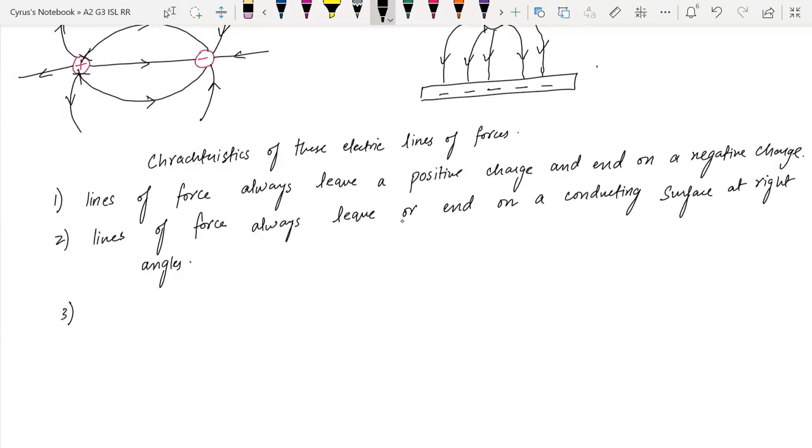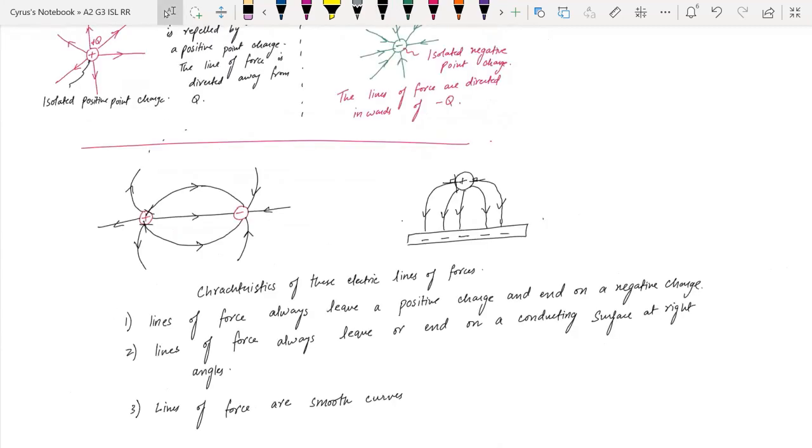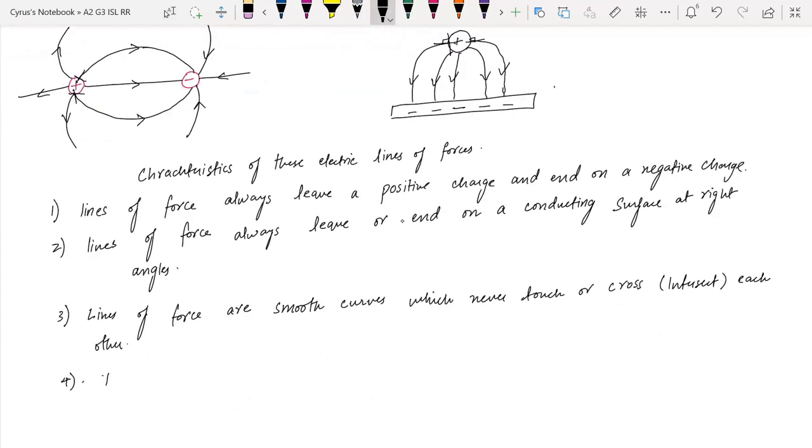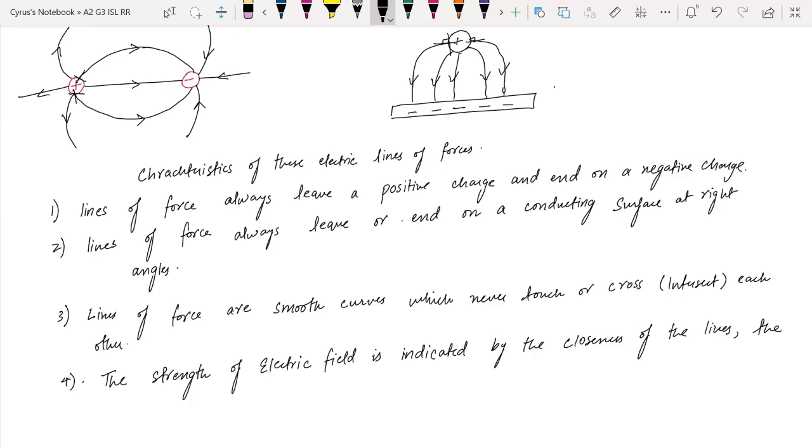Number three, lines of force are smooth curves which never touch or cross, which means intersect each other. Number four, the strength of electric field is indicated by the closeness of the lines. The closer they are, the stronger the field, right?